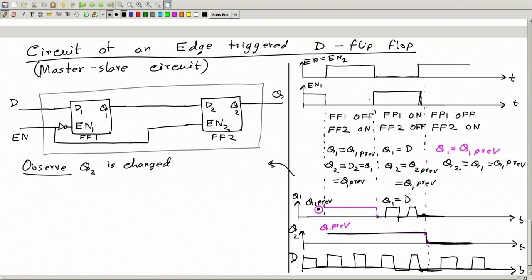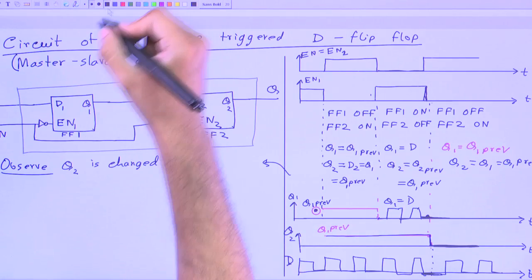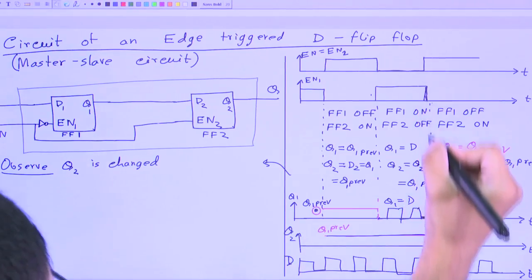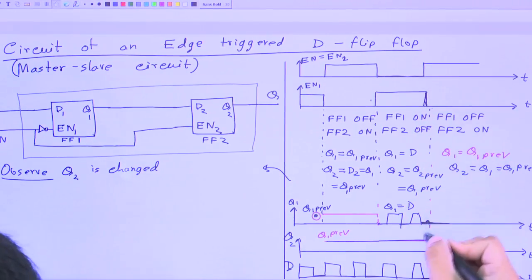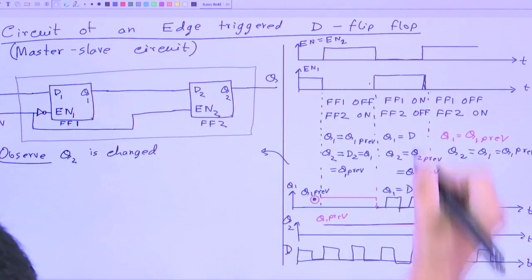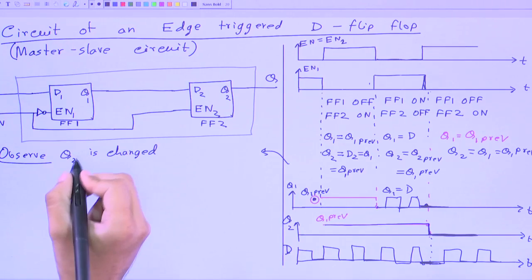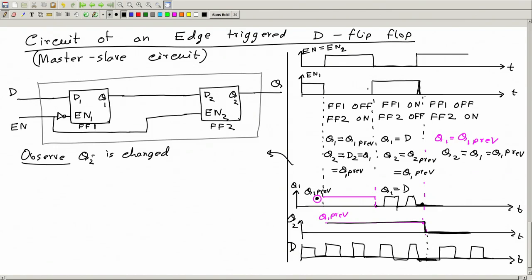At this instant Q2, which is same as Q, that is the output, is changed at the rising edge of the enable.